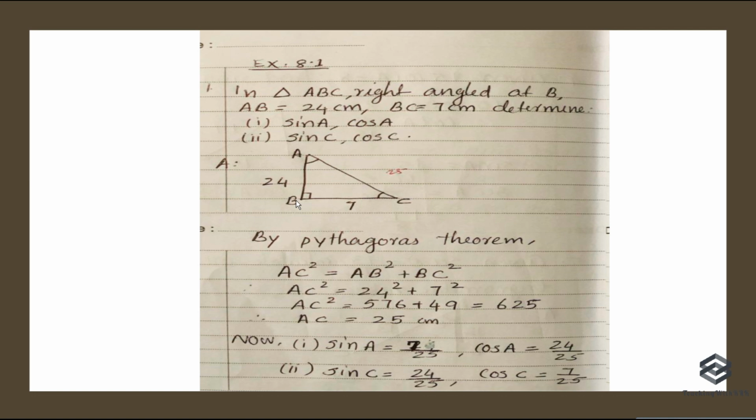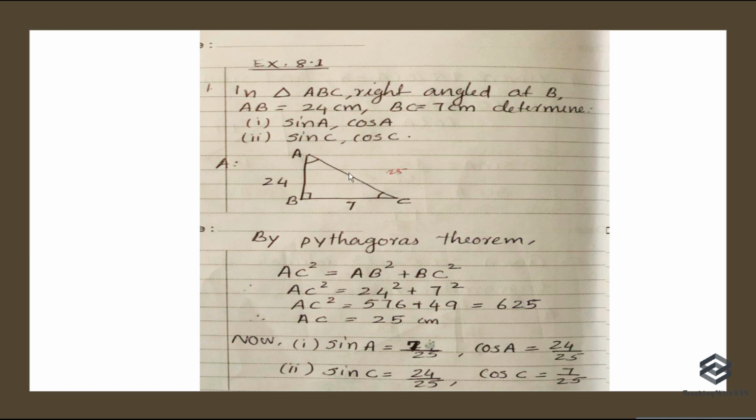Here AC square equal to 24 square plus 7 square. Therefore AC square equal to 576 plus 49 equal to 625. Therefore AC equal to 25. Now you got all the three sides measurements.